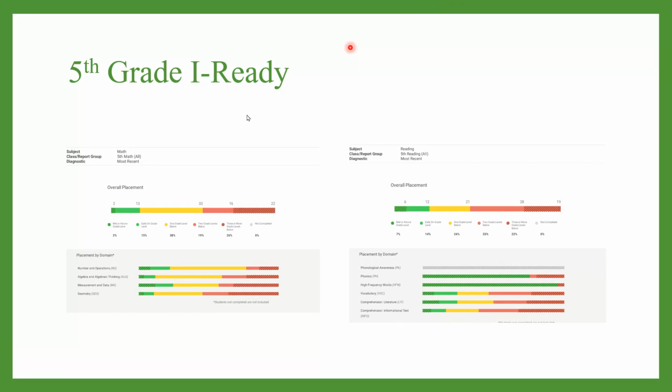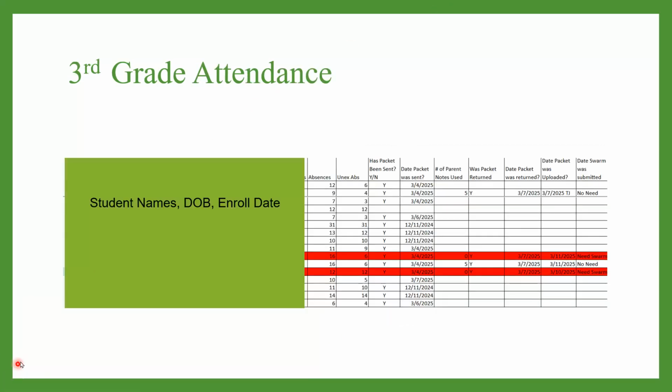So next we're going to look at some attendance data. Here we have our third grade attendance data. Of course, students' names have been blurred out. These students chosen here are students who have been chronically absent, with more than 5 absences.